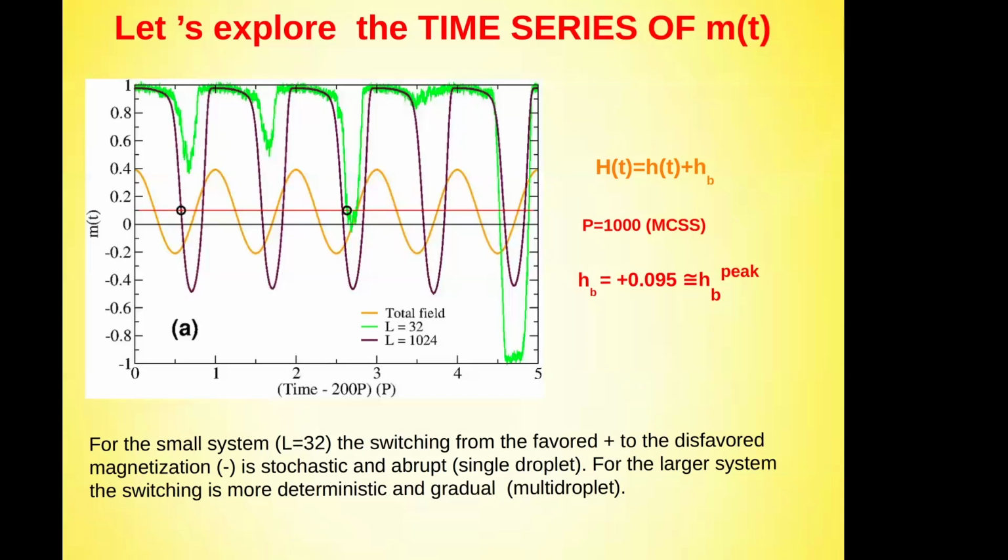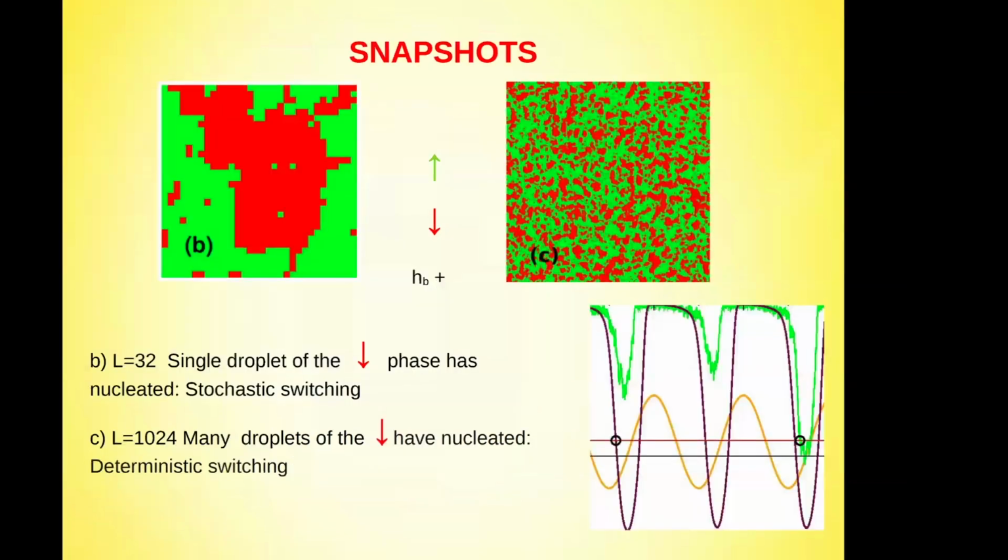When the system is large, the way it decays from this metastable to the stable state is by growing many droplets that eventually coalesce. I'll show you. So that gives us a clue what's going on here. So let's take some snapshots of the surface at this point.